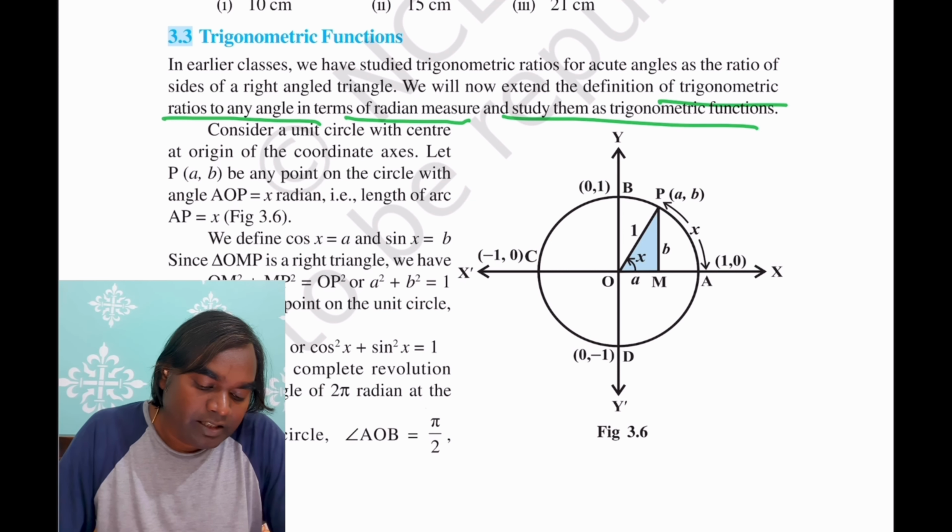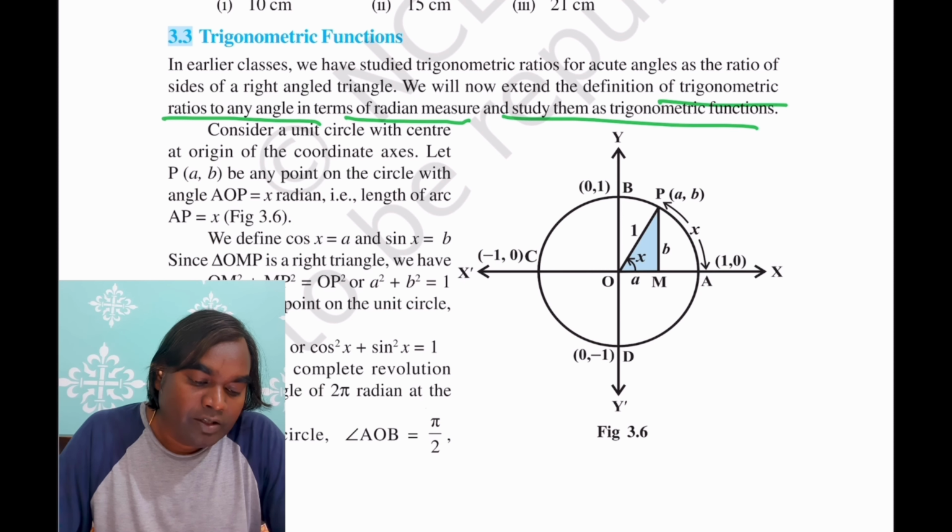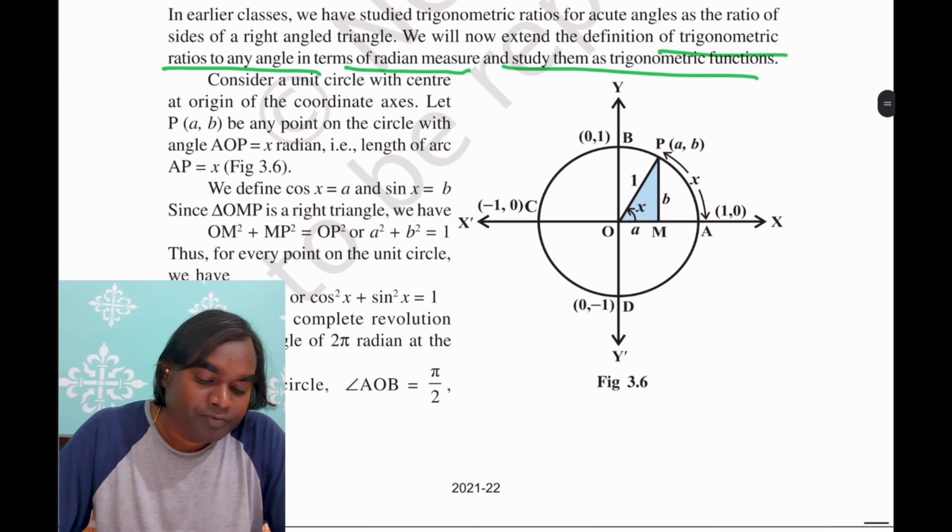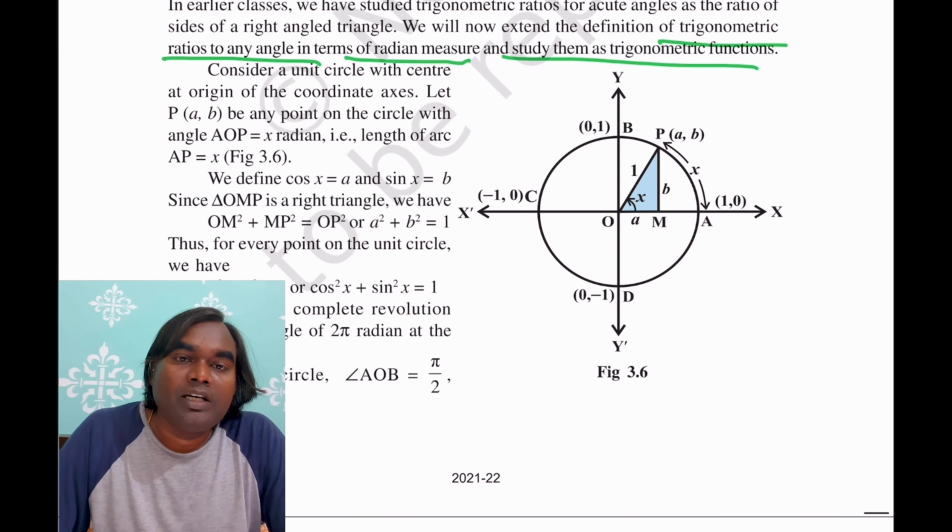So for that, let us consider a unit circle, that means a circle of radius 1 unit, with the center at the origin of the coordinate axes.